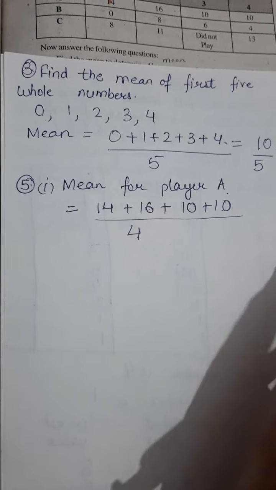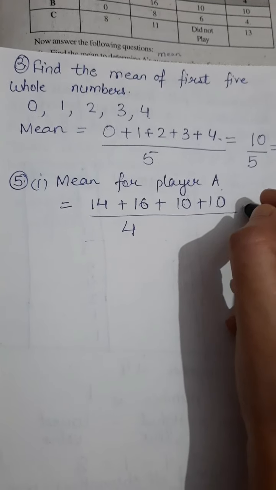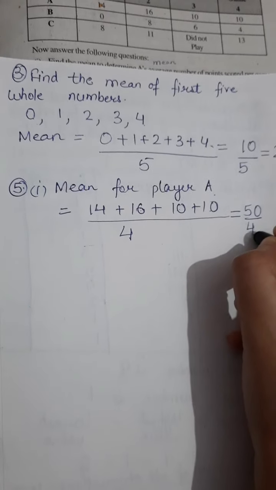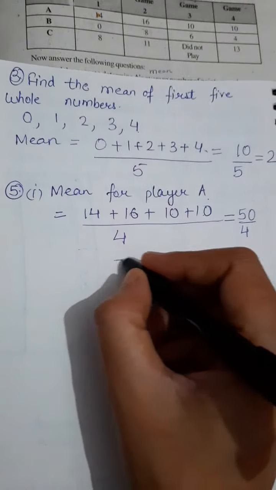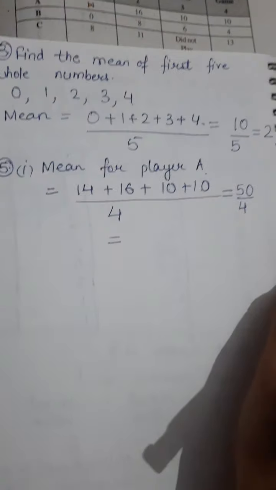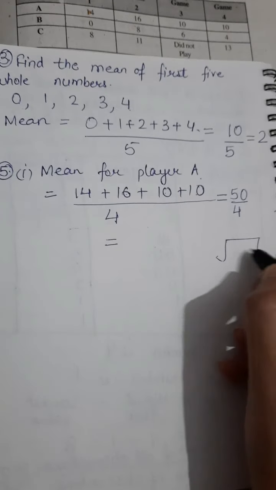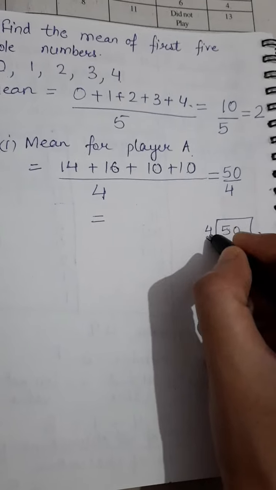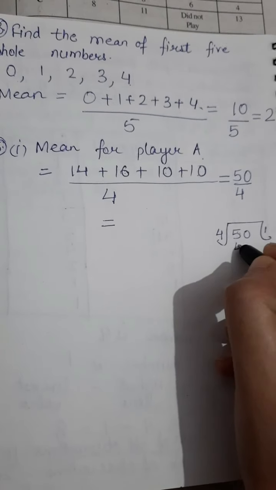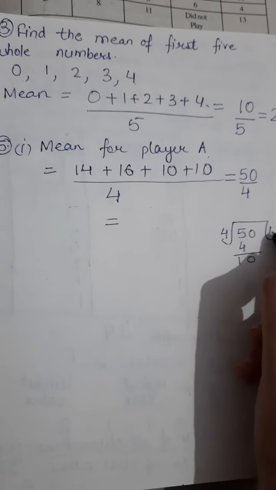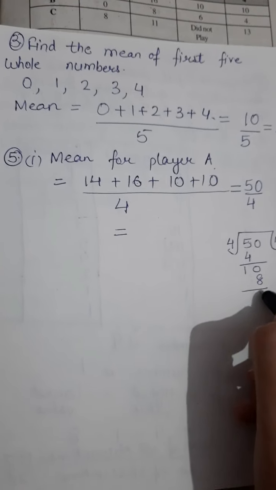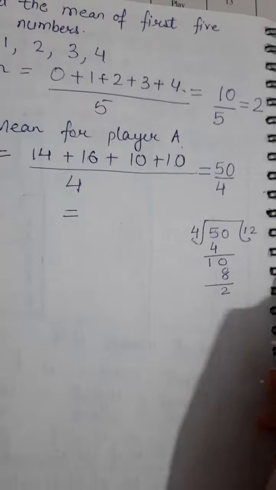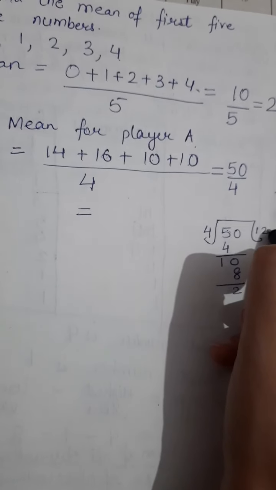If you add it, you will get 50 divided by 4. And if you divide 50 by 4, you can do it on the rough side like this and see what you get. If we divide 50 by 4, first 4 ones are 4, then 4 twos are 8. We get 2 as remainder. So what we will do is put a decimal here.